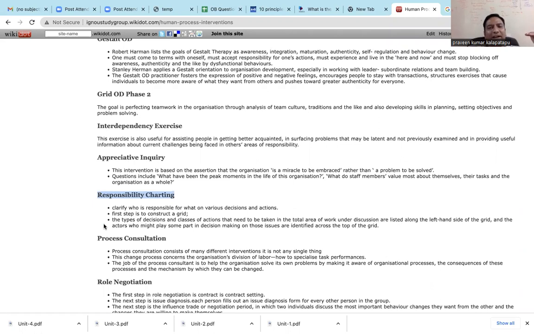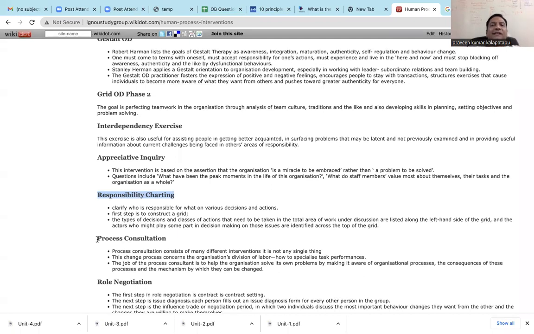Role 3, XYZ accountant: this is what he is supposed to do. So you are creating a grid or chart where you put roles and their responsibilities. On the left-hand side, you will have the actors, who are the people. On the right-hand side, you will have their particular class of actions. That is what it is all about.